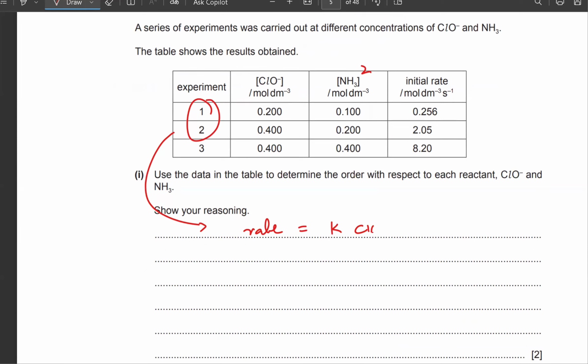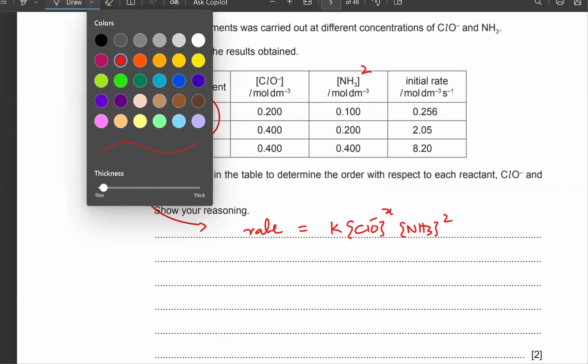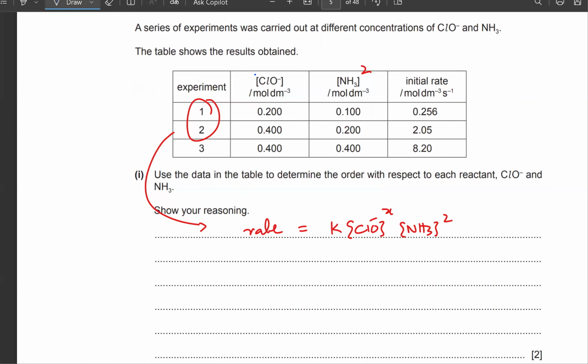So the rate equation is that the rate of the reaction depends on these two reactants, ClO minus 1 and NH3. Now you already know that it's order 2 with respect to NH3, right? And you have no idea what the order is with respect to ClO minus 1, right? So I'm going to plug in experiment number 1 values into it. So experiment number 1 is 0.256. K, I'm not sure what K is.